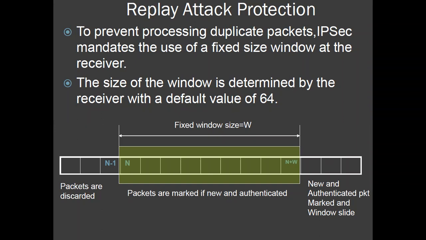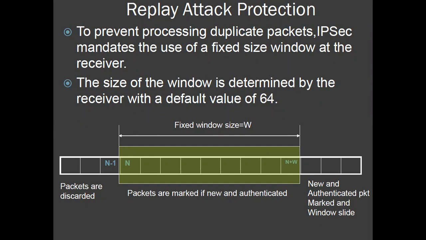Remember that a packet may arrive with a sequence number much greater than N plus W, very far from the right edge of the window. In this case, sliding the window may cause many unmarked packets to fall to the left of the window.